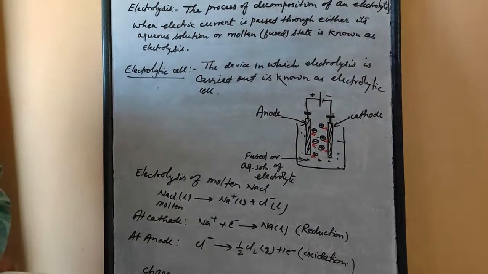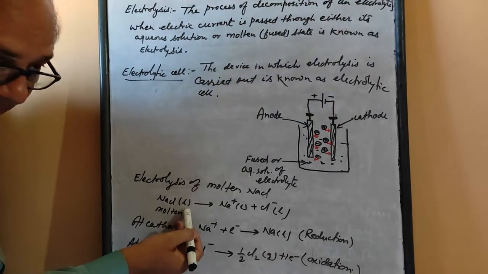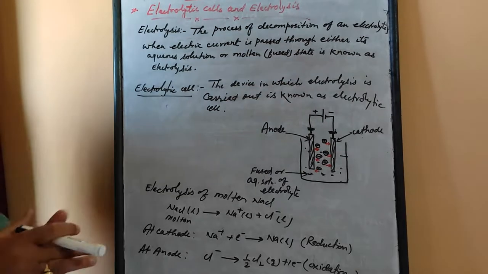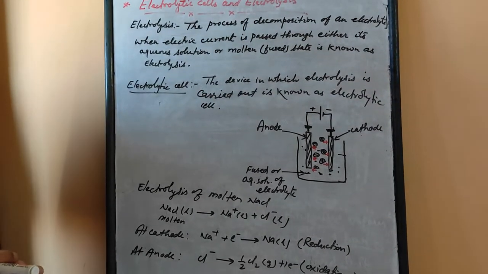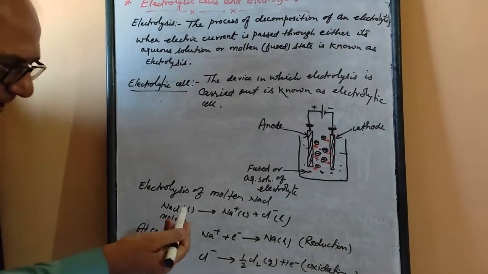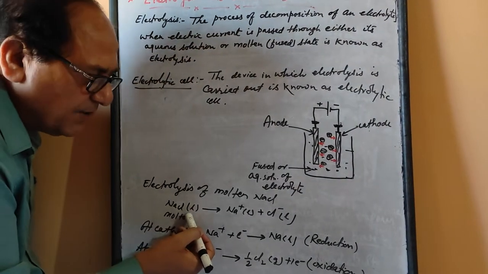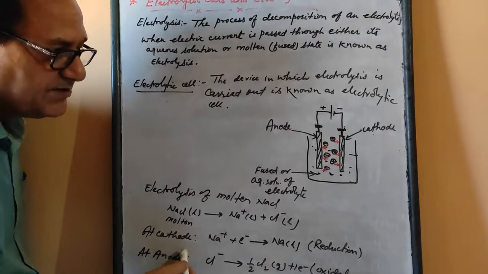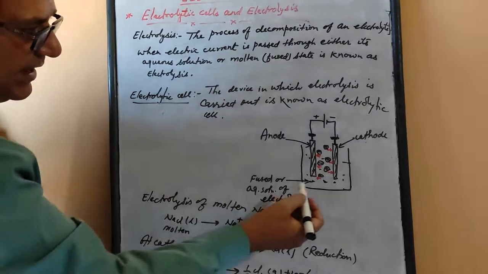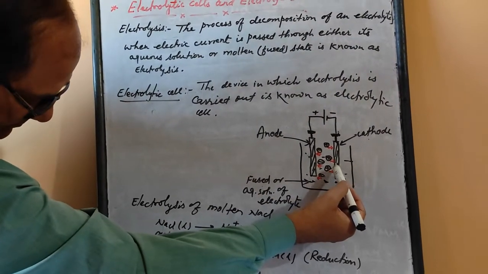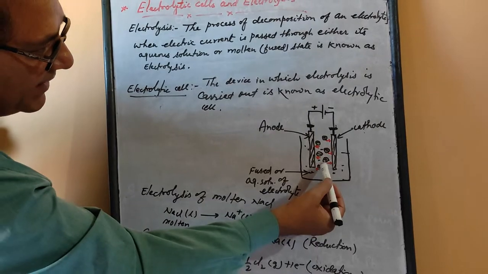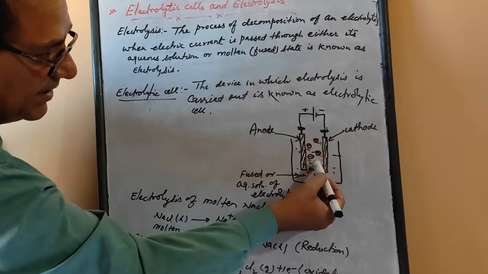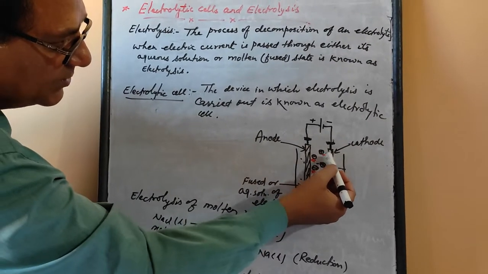Suppose you have taken molten NaCl, NaCl(l). Why is molten required? Because in solid state the ionic compounds are bad conductors of electricity, so either molten or aqueous solution is required. In molten state, NaCl(l) gives Na+(l) plus Cl-(l). Now, at cathode, see in this figure, because cathode is negatively charged, the positive ion is attracted towards cathode.